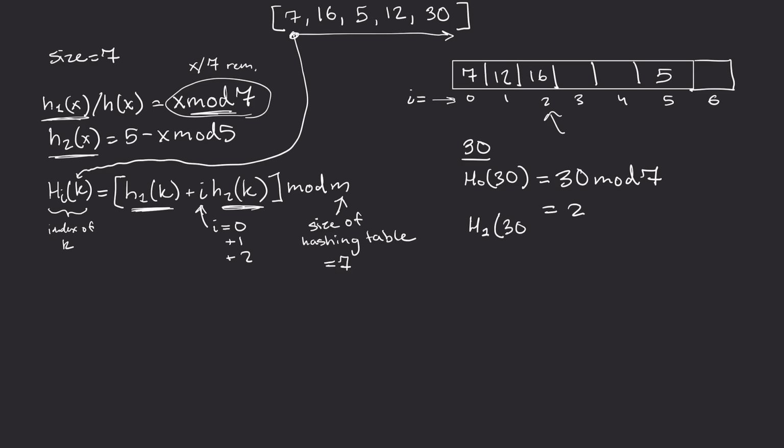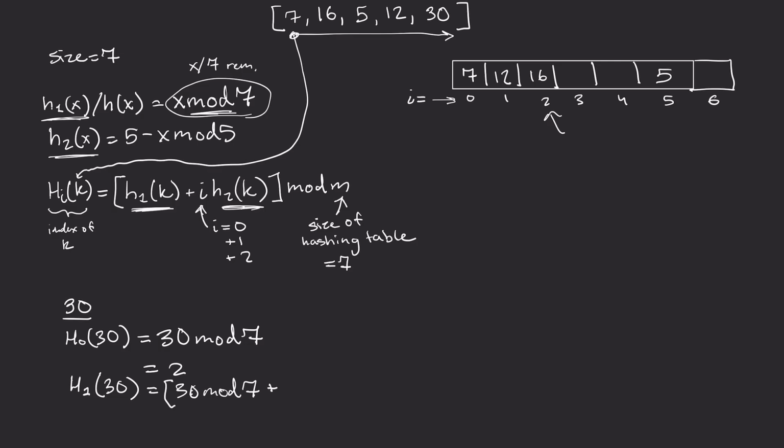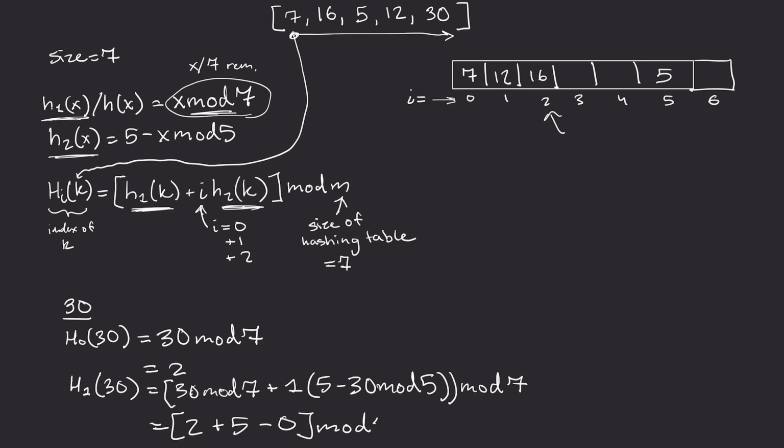We calculate h1 of 30, and that's going to be 30 mod 7 plus 1 times 5 minus 30 mod 5, mod 7, and this is going to be equal to 2 plus 5 minus 0 mod 7, and so this is going to be 7 mod 7, which is going to equal 0.